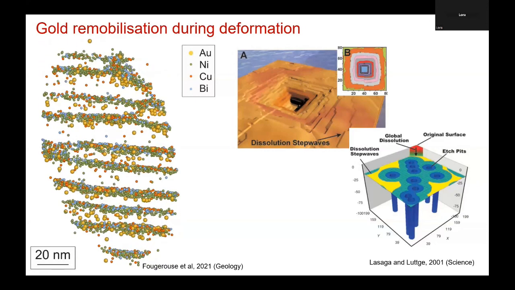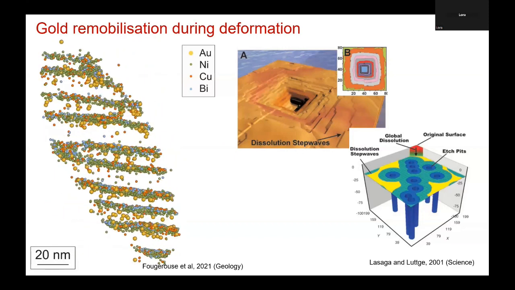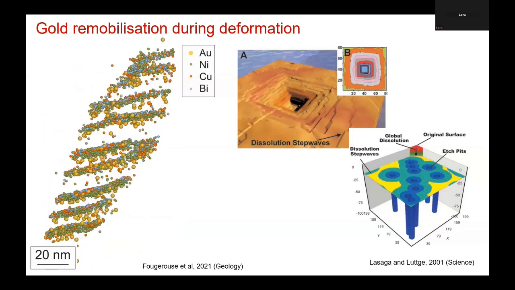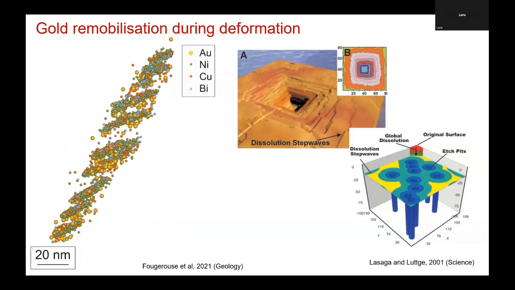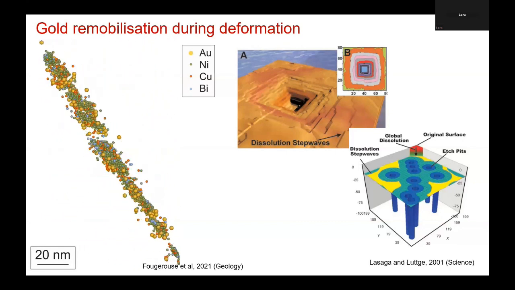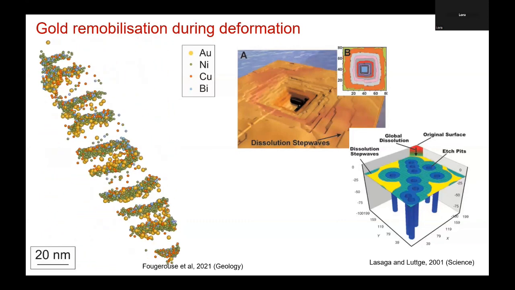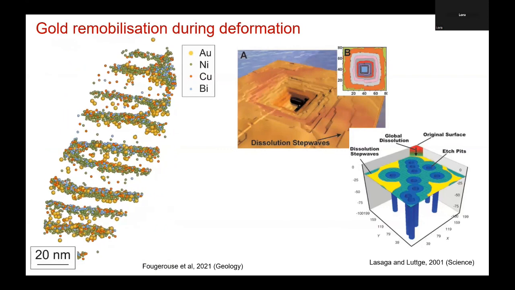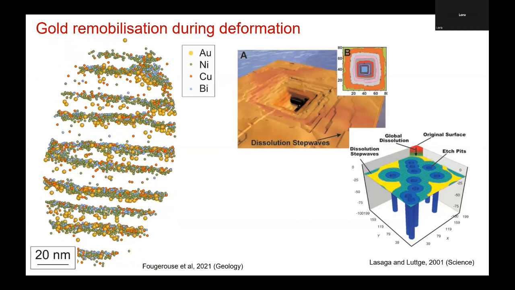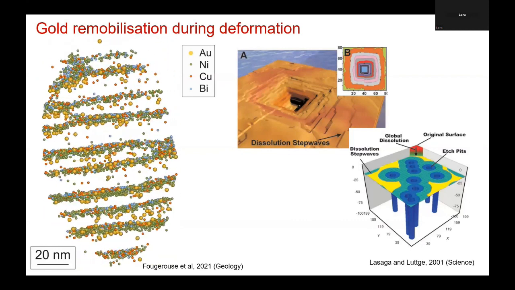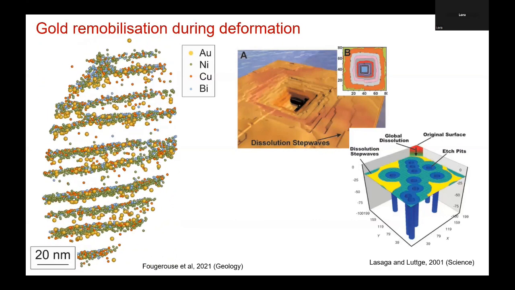And other models show that if you have a surface with dislocations, you'll dissolve out tubes very quickly of your dislocations, while the dissolution of the surface will be much slower. So if you have gold in your dislocations, you can actually preferentially dissolve these dislocations and collect the gold within them. We know that to extract gold from pyrite, you usually oxidize the whole thing and destroy all the pyrite so you can recuperate the gold.